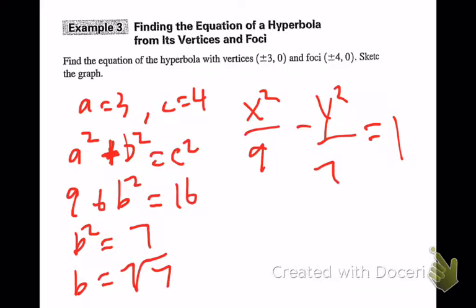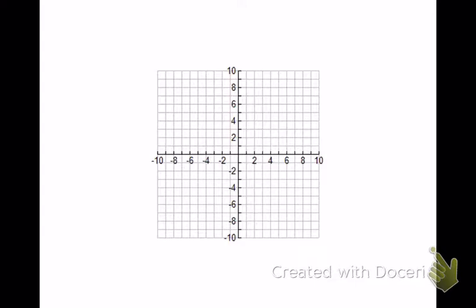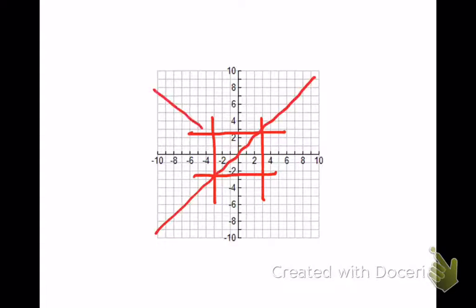Alright? So then we are going to sketch our central box. We've got the x values at 3 and negative 3. The y values are at radical 7, which is between 2 and 3. And then we draw our diagonals in like so.